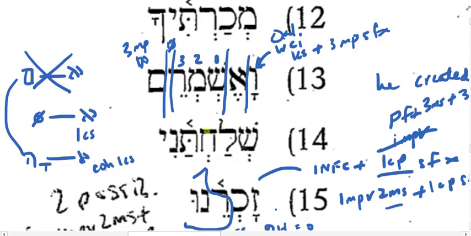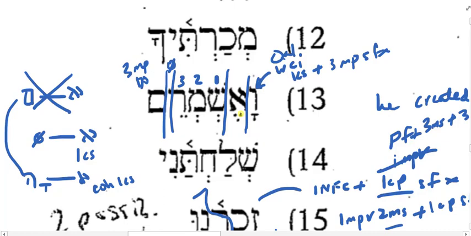He says, Va'eshmerem. Yeah, I kept them. All right. Hebrew's no fun unless you have a little bit of imagination, right? Okay. Other questions?